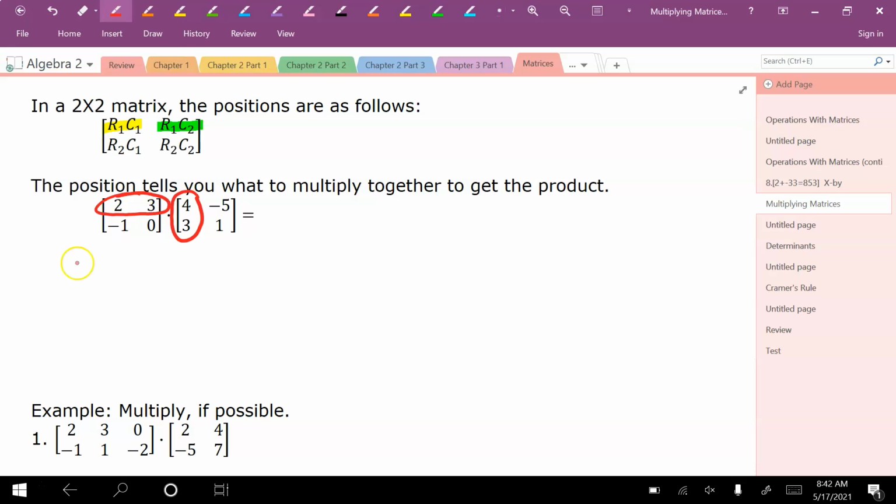So for this, this is only going to be my first new element. This is not going to give me more than one answer. So what I'm going to do is take 2 times the 4, and then 3 times the 3, and add those two things together.